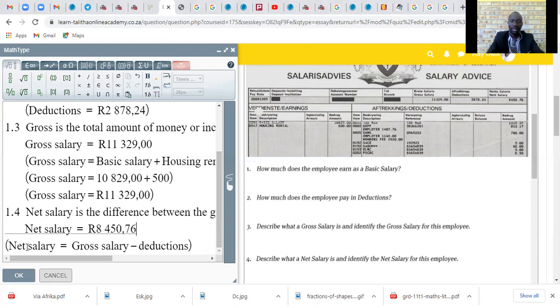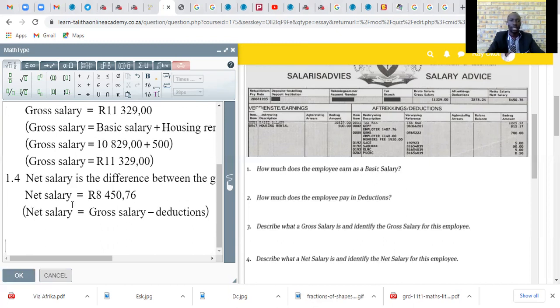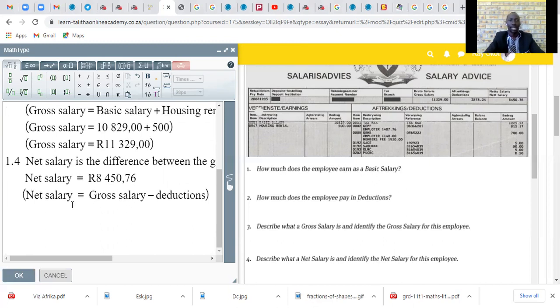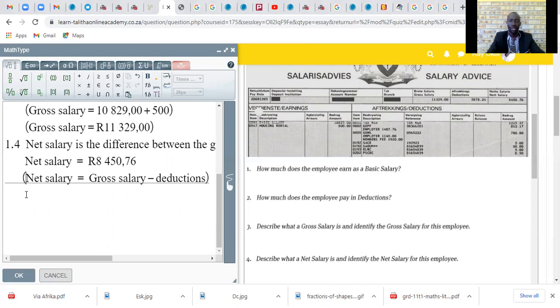So now the next thing we want to do is to substitute the value of gross salary and the value of deductions, and we see what we get from it. So let's go ahead and substitute, so that we get the value of net salary by calculation, not by just identifying it.